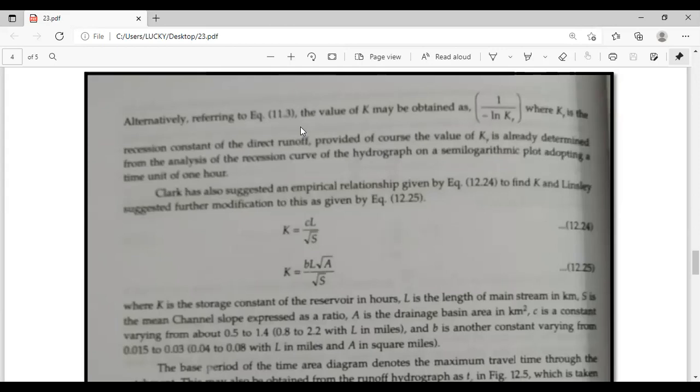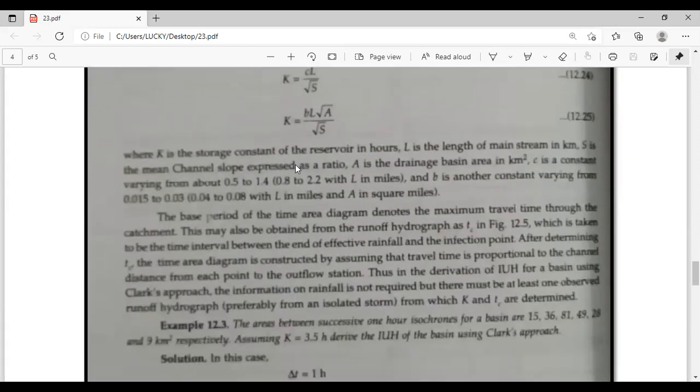Here K is equal to CL by root S. Here K is equal to BL into root A by S, where K is the storage constant of the reservoir in hours, L is the length of mainstream in kilometers, S is the mean channel slope expressed as a ratio, A is the drainage basin area in kilometers square.